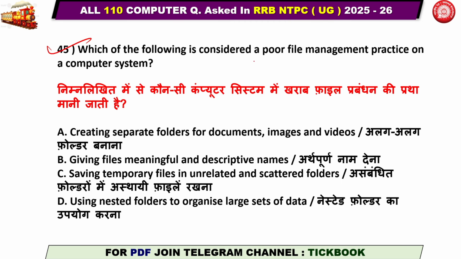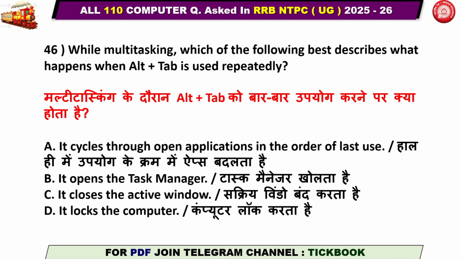45. Which of the following is considered a poor file management practice on a computer system? Option number C, saving temporary files in unrelated and scattered folders. 46.